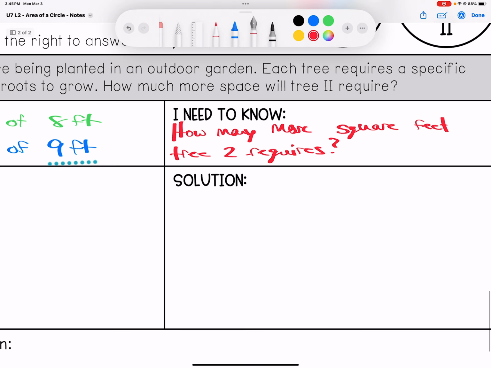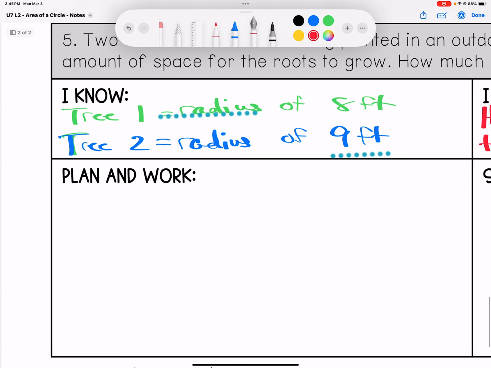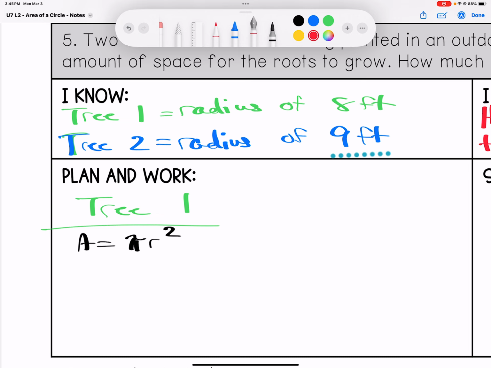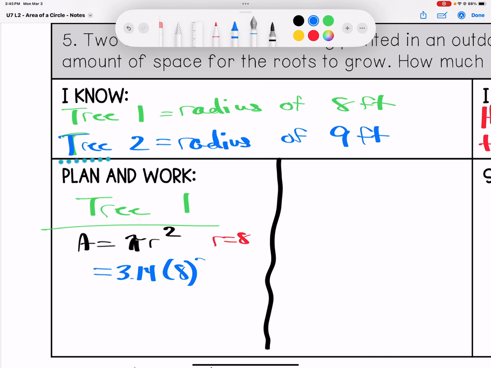All right, so let's work them out. Tree 1. Remember, area is pi r squared. And in this case, r was 8. So I'm going to draw a line so I can separate them. Pi is 3.14 times 8 squared.